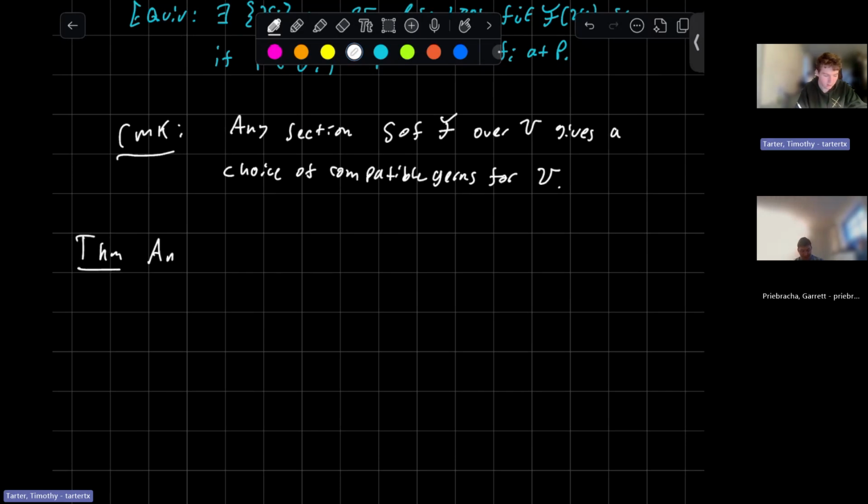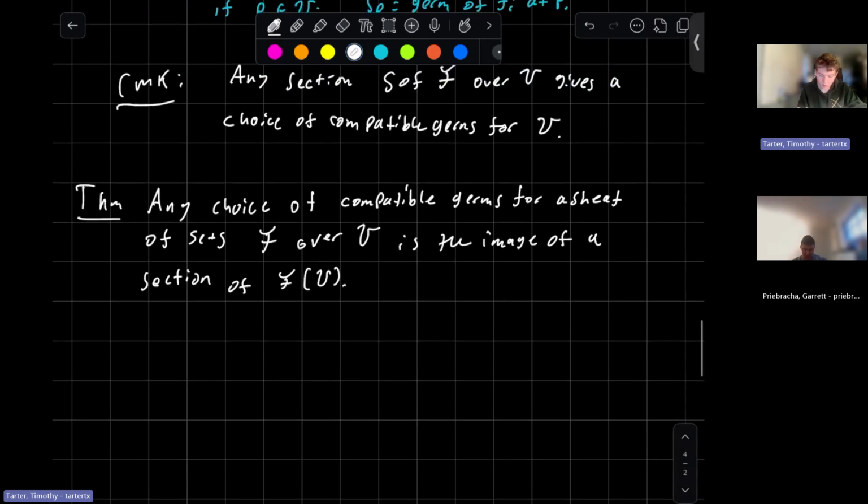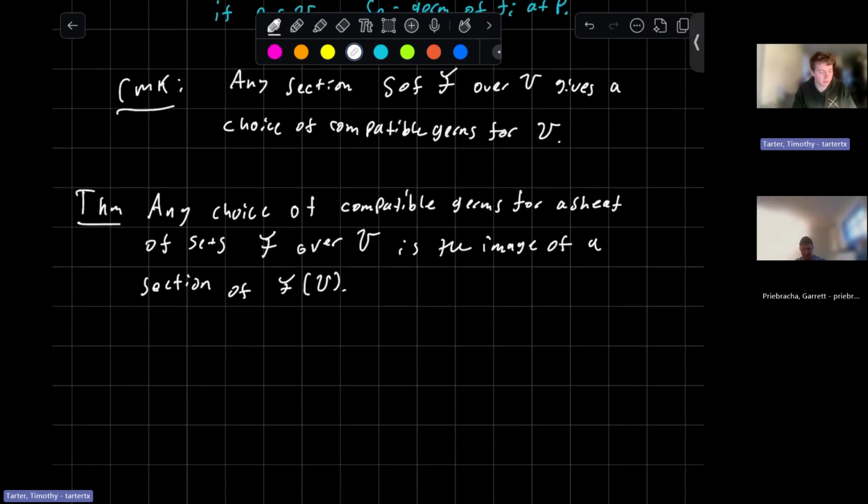Theorem: a choice of compatible germs for a sheaf of sets F over U is the image of a section of F over U. And this makes sense basically by construction.